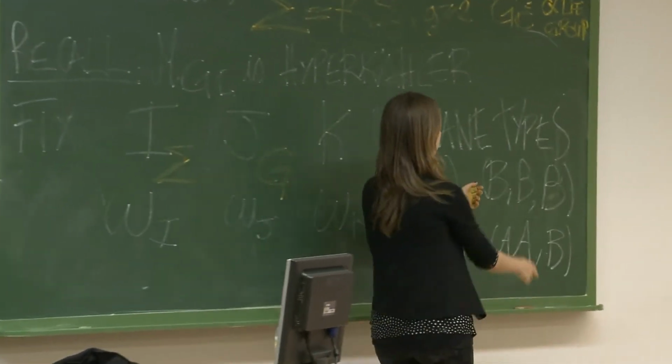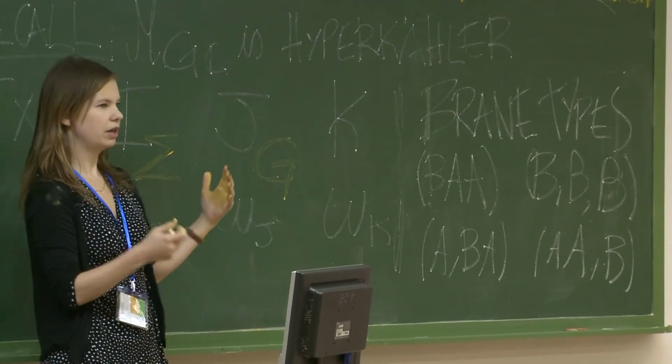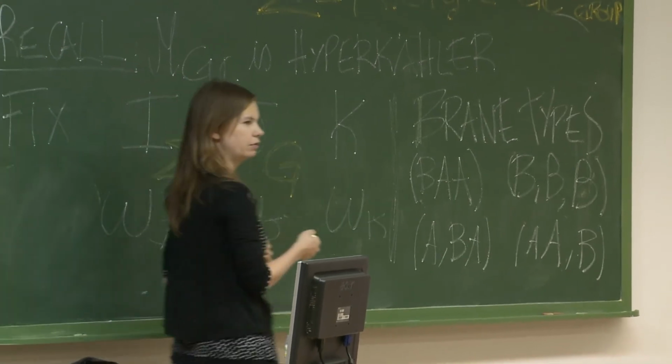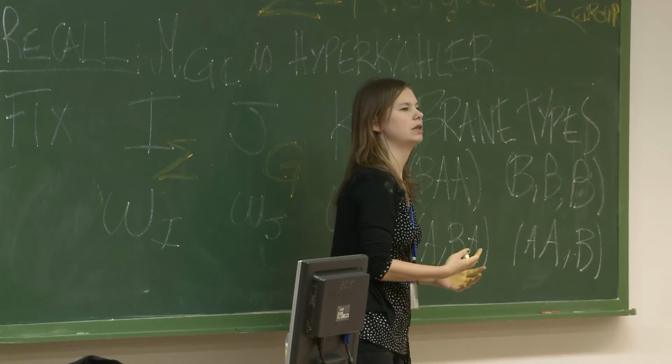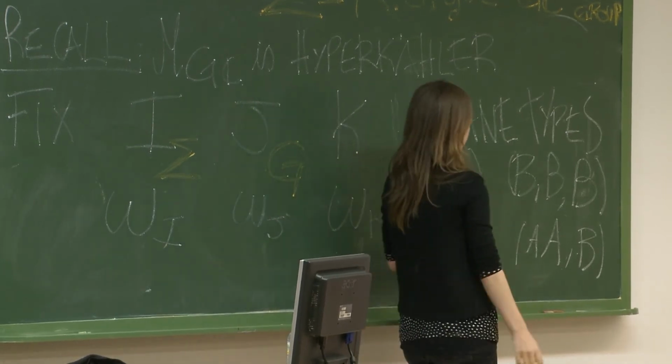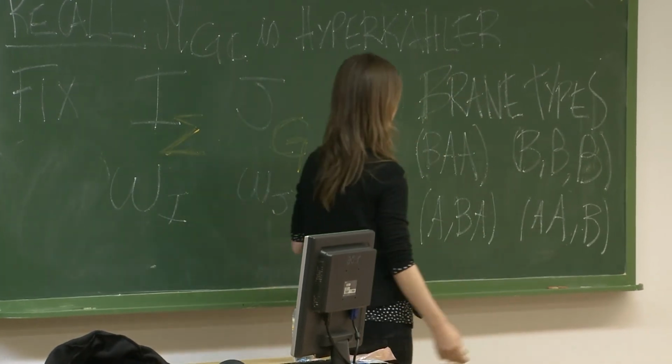BBB will mean that it's a complex submanifold with respect to everyone. If you think about it, a point is a complex submanifold, or the whole moduli space, or a hyperkähler submoduli space, but it's quite hard to understand other BBB branes and how they appear.